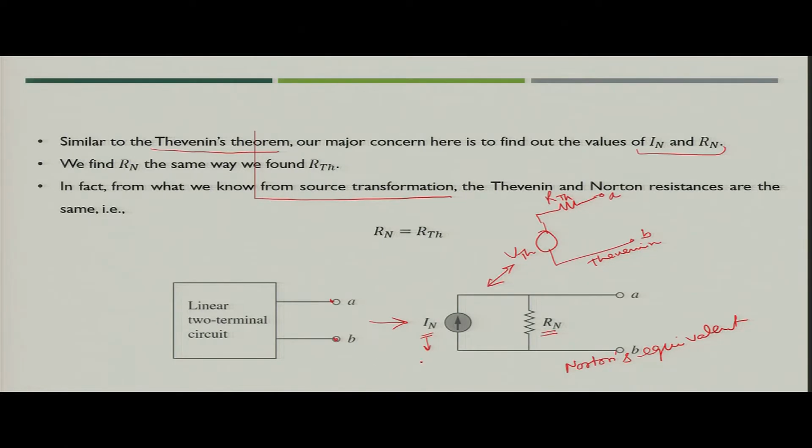So I_N is nothing but V_TH divided by R_TH, in parallel with another resistance R_N, which is nothing but R_TH. So the Thevenin equivalent can be converted into the Norton's equivalent, and using this source transformation technique, the Thevenin resistance is the Norton's resistance.